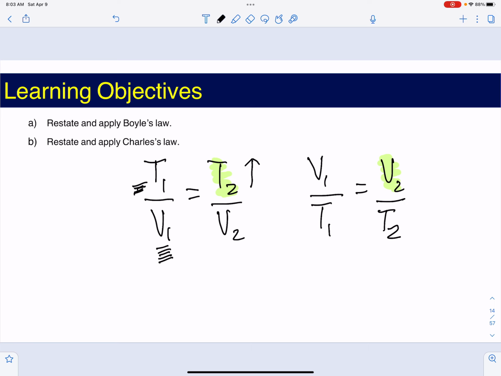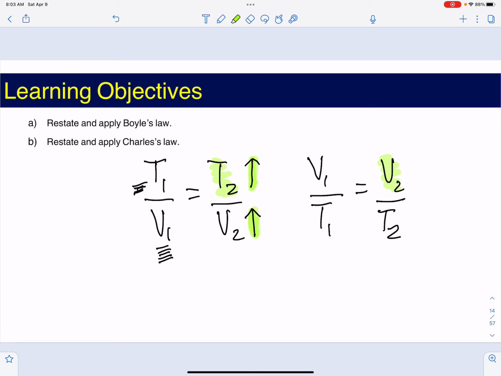So as I increase the temperature, I should expect an increase in volume, which means this one is directly proportional. One increases, the other one increases.